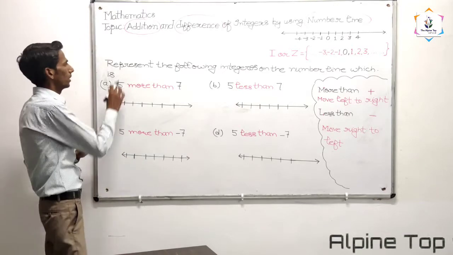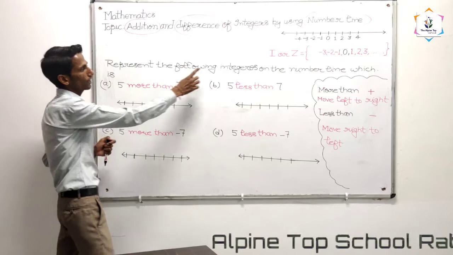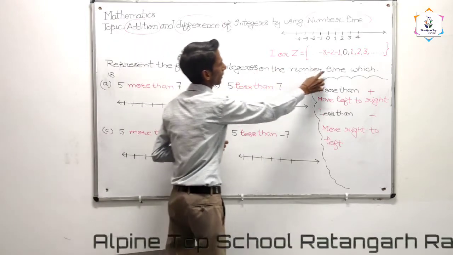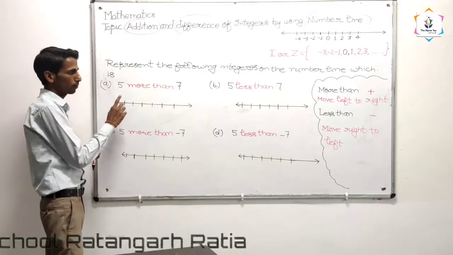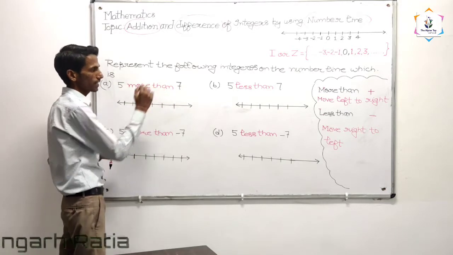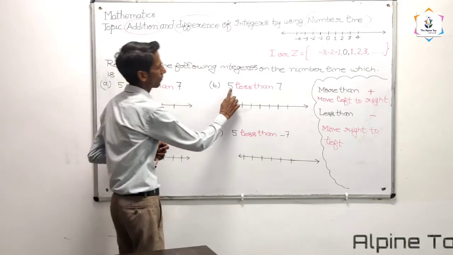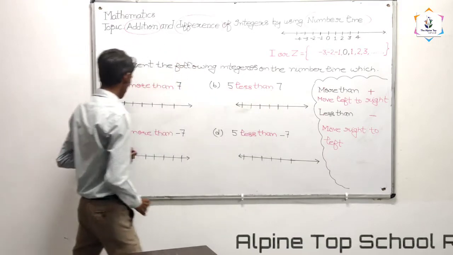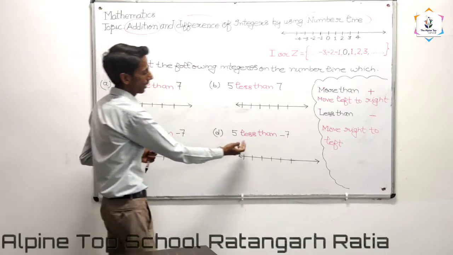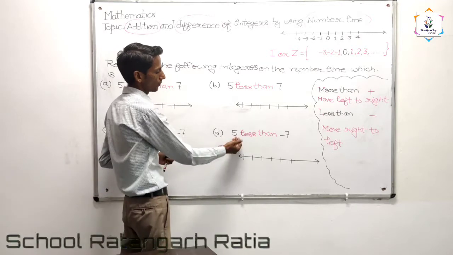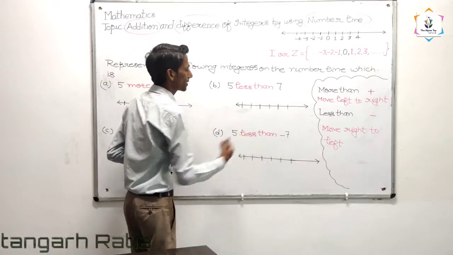Represent the following on the number line. First problem, 5 more than 7. Second problem, 5 less than 7. Third problem, 5 more than -7, and the fourth problem is 5 less than -7.